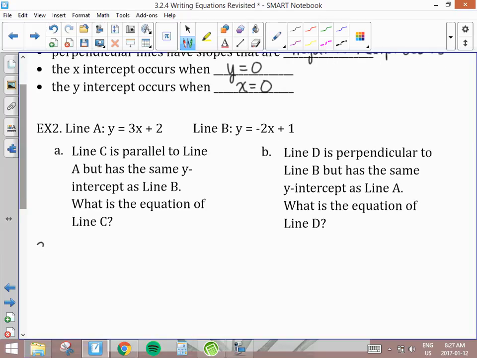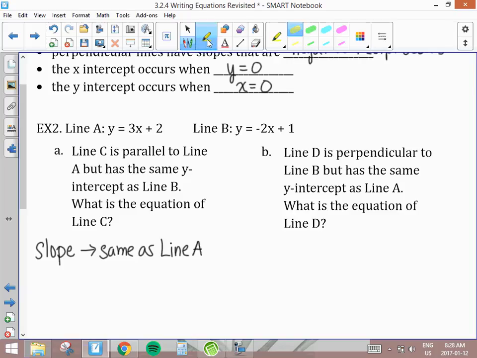Now, I know that the slope, because it's parallel to line A, is the same as line A. And if I take a look at the equation of line A, I see that the slope is 3. So I now know that my slope is 3.